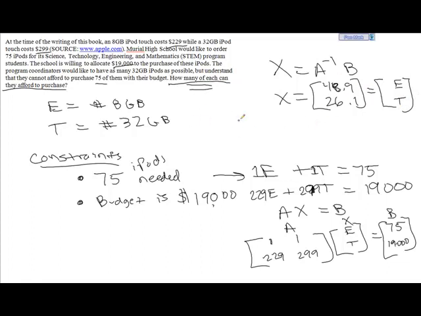So the question is, do I do 49 and 26 so that it adds up to 75, or do I do 48 and 27? We've got to be careful here because we still have to meet budget constraints, so one of these might be over and one of these might be under.